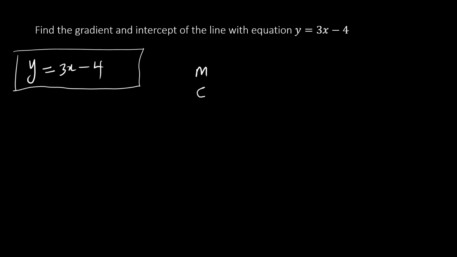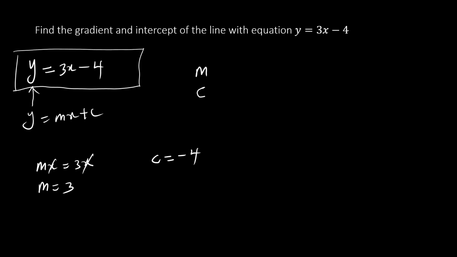If we relate this equation with the equation of a straight line, which is y equals mx plus c, we can do our basic relation, and we have that mx equals 3x. The x will cancel out, and we have m equals 3, and also c equals negative 4.